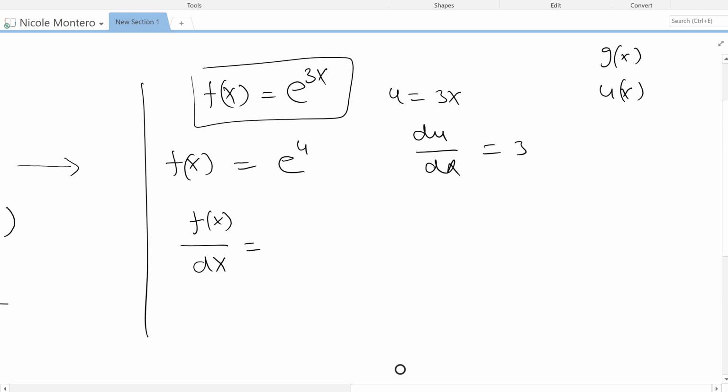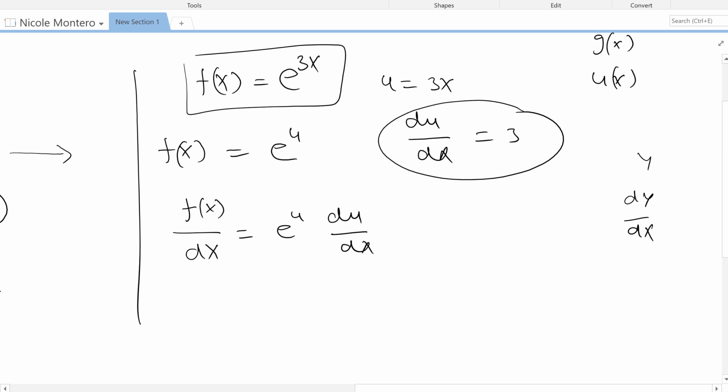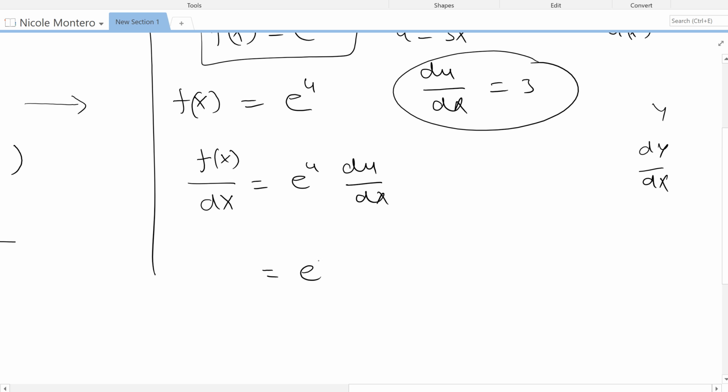So we simply do the derivative of e^u, which is e^u. Then we do the derivative of u, and for example, the derivative of y is dy over dx. So in the same manner, the derivative of u is going to be du over dx, which we have as 3. So you substitute the value, which is 3.